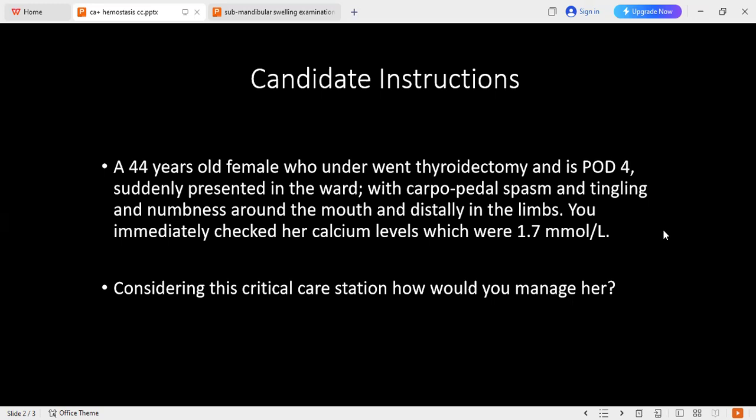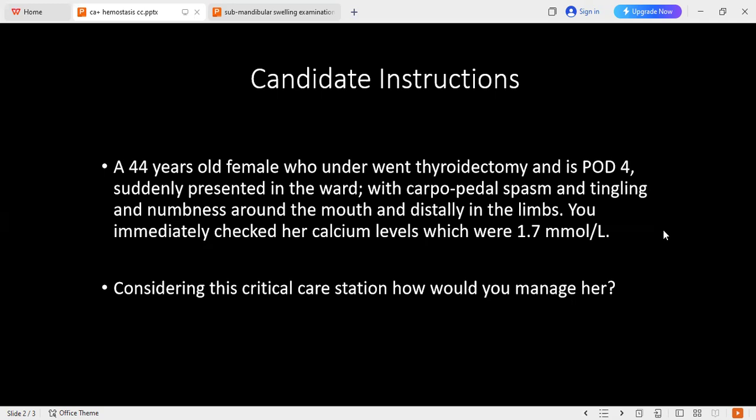Also, I will supply oxygen, 12 to 15 liters. Then I will check the breathing and check the trachea if it's central or not, and auscultate the chest and assess the airway.